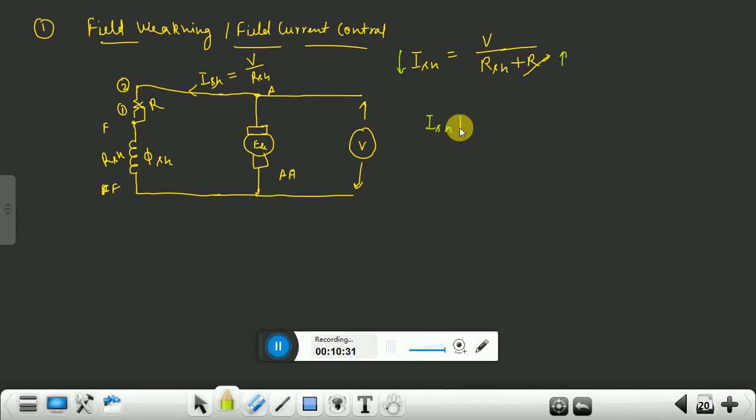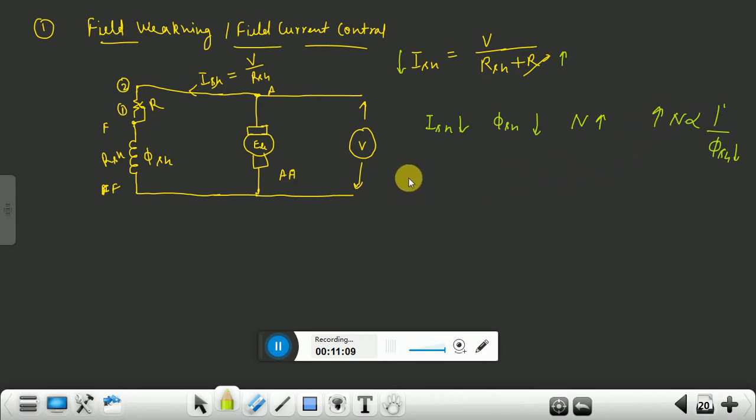ISH decreases means phi sh decreases. Phi sh decreases means N increases, because N is inversely proportional to phi sh. So phi sh decreases means N increases here.